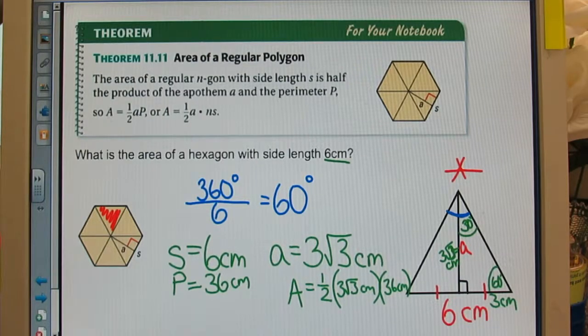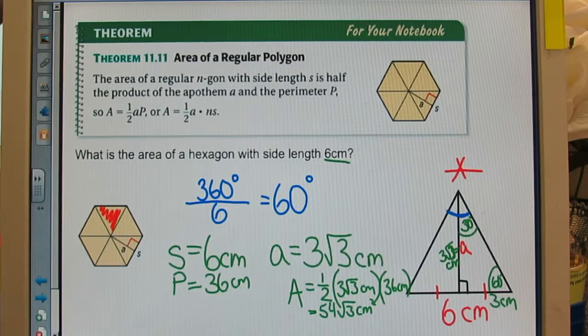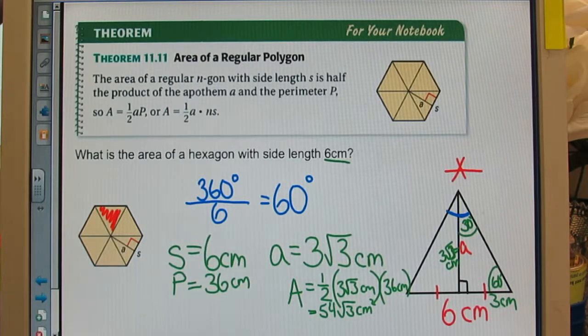Okay. Which is equal to 54√3 centimeters squared. Do not forget your units. I am looking for an area, so my units will be square units.